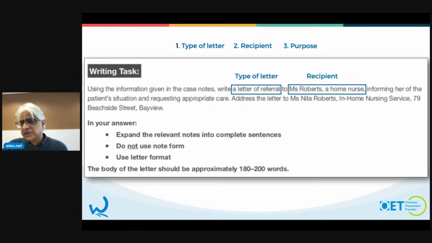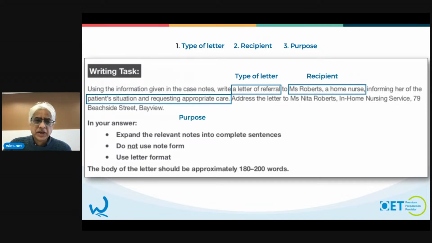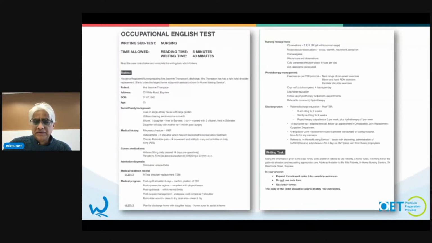She's a home nurse. So you're going to have to keep this in mind. You're writing to a home nurse. And you've got a little bit about the purpose. Just says patient situation, requesting appropriate care. And if you remember, the patient had a right total shoulder replacement as well. So we have a little bit more information now.